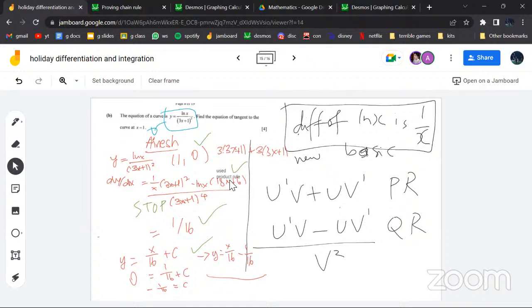Now at this point, it is very good to do manual work. Ainesh, you're going to do manual work, okay? This is 1/1, right? What is 3 times 1? 3. Plus 1? 4. Now here's a surprise. What's ln 1? Just type it in your calculator. Ln 1 is 0. So everything here is 0, right?